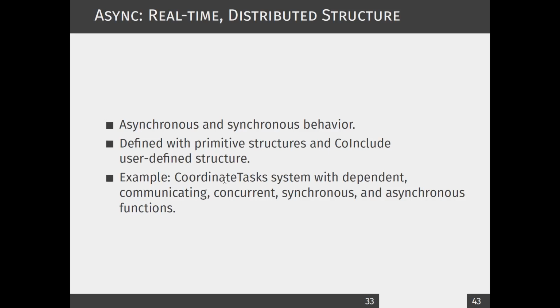Then you can also have asynchronous and synchronous behavior defined with the primitive structures and include the user-defined structures. So for example, a coordinated task system, you can have dependent, communicating, concurrent, synchronous, and asynchronous functions. So this is how you may define them.